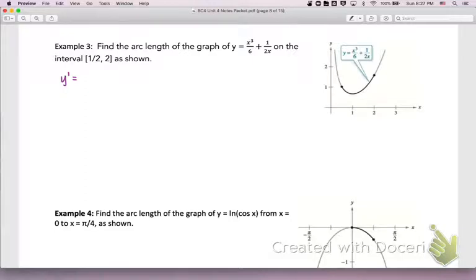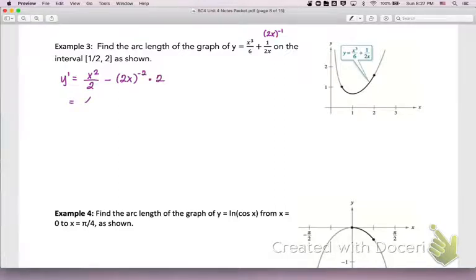So y prime is going to be x squared over 2, and then this is going to be 2x to the negative 1. So that derivative is going to be minus, because you multiply by the negative 1, 2x to the negative 2 times 2.